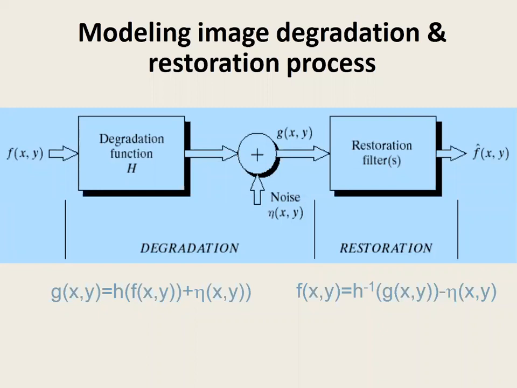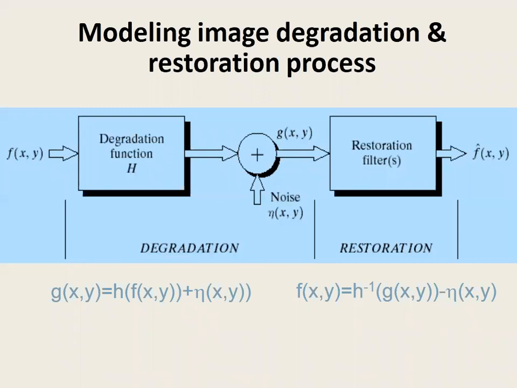If f of x y is the original image, and you apply the degradation function h on f of x y and add noise, then the new image with some noise is g of x y.